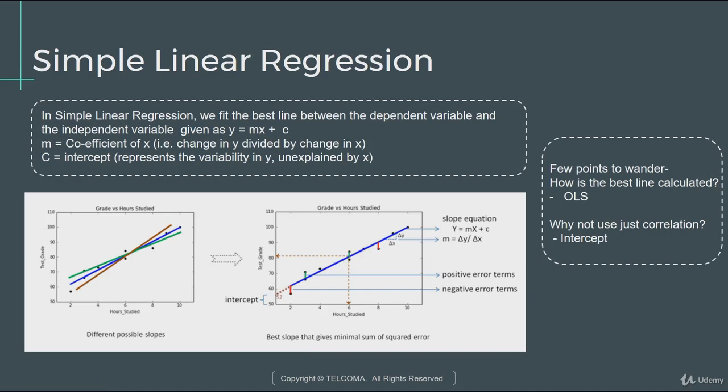We've delved into the depth of simple linear regression by understanding how a line is fit and defined as the best fit for all the points between x and y. We understood how we construct the equation for simple linear regression, that is y is equal to mx plus c. We looked into a little extra detail on why we can't just use correlation and what is the best way to find the best fit line.